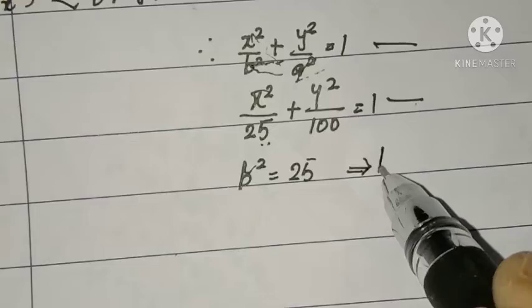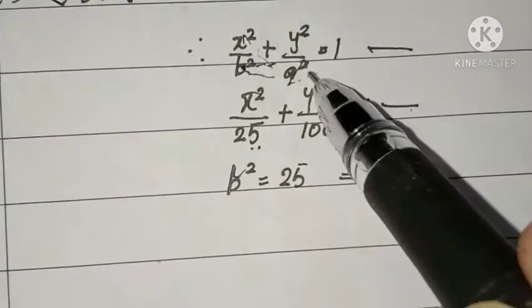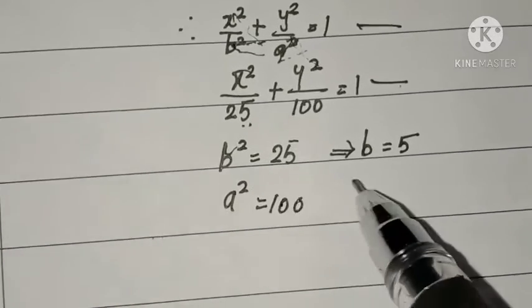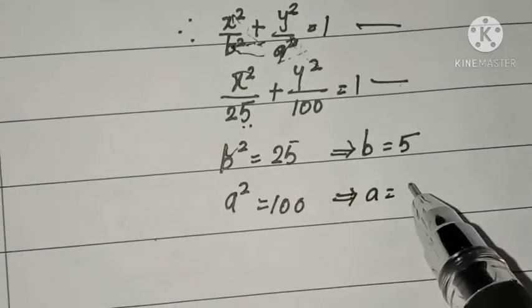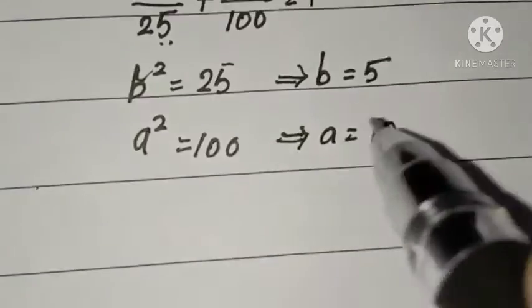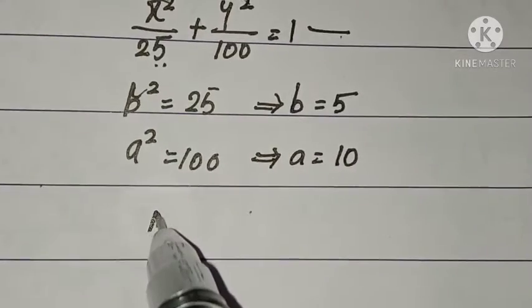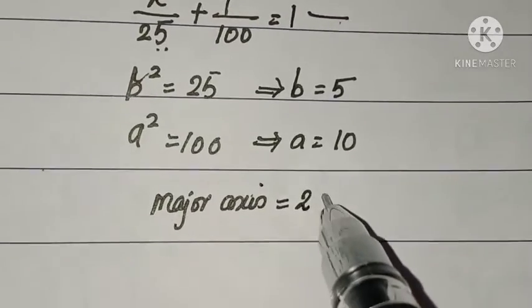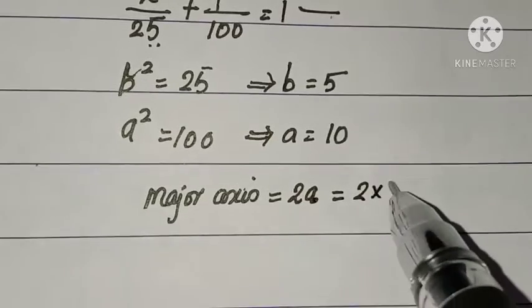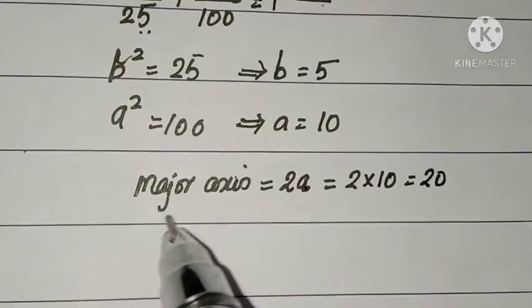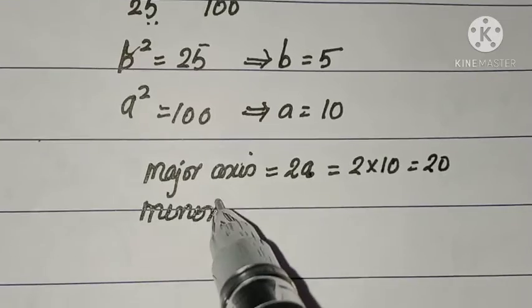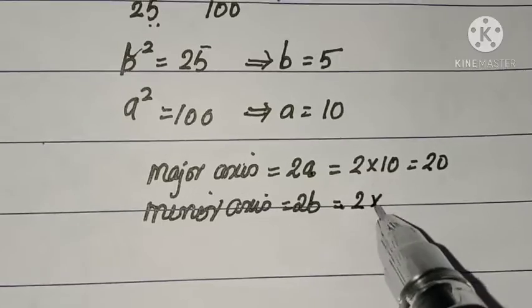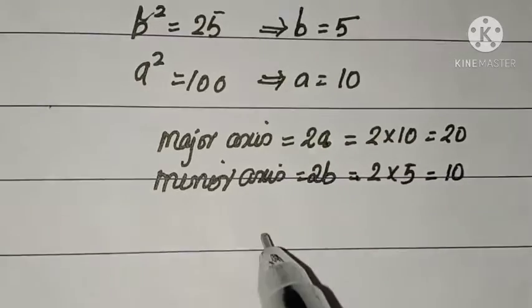What is the length of the major axis? 2a, that is 2 × 10 = 20 units. What is the length of the minor axis? 2b, that is 2 × 5 = 10 units.